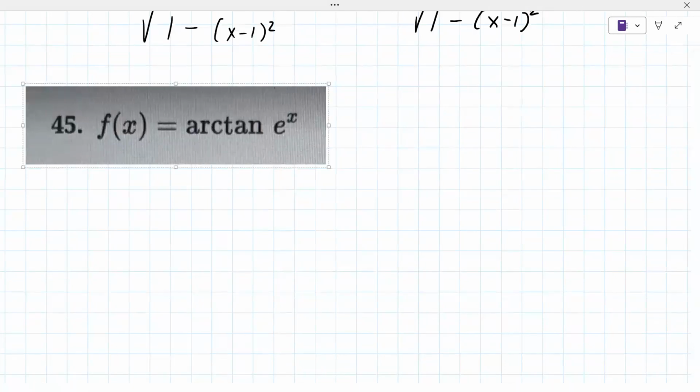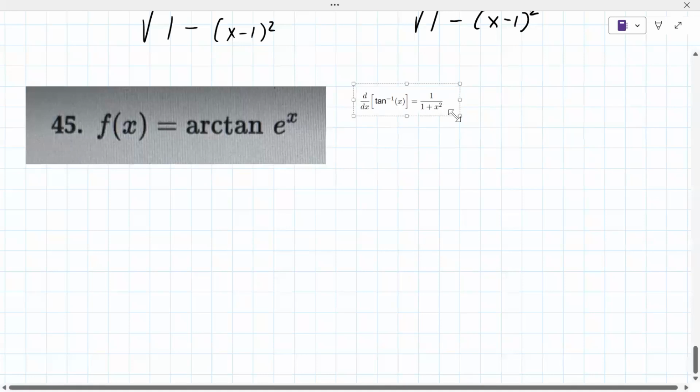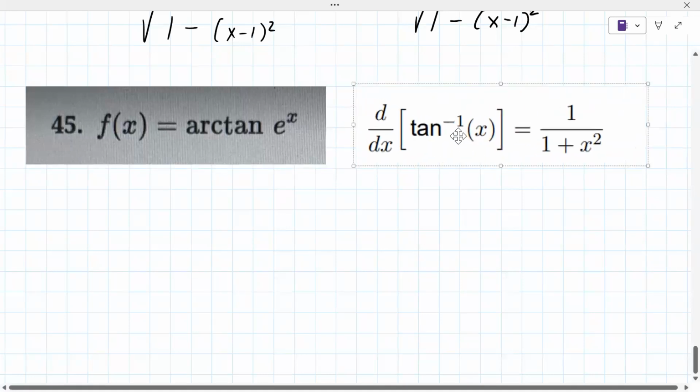So again, if you go to your reference sheet, you'll see that for arc tangent, like some of these you can sort of pattern. You'll notice that arc cosine and arc sine are really similar, except for a minus sign. But arc tangent's totally different. There's no root, there's a plus, it's totally different. So that's where you really probably do have to memorize these or get them on a reference sheet.